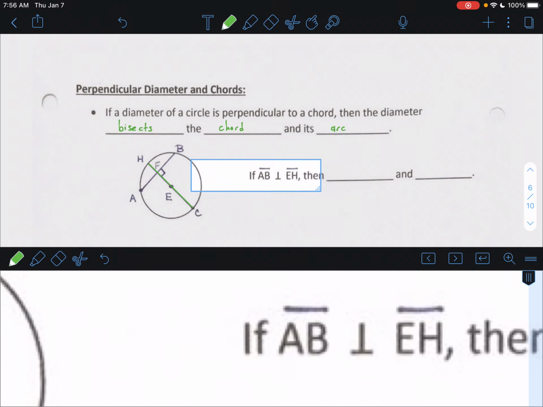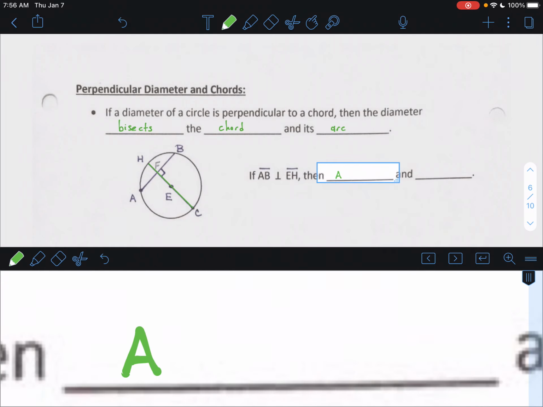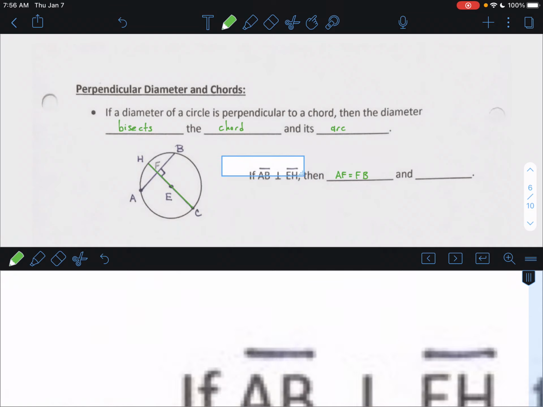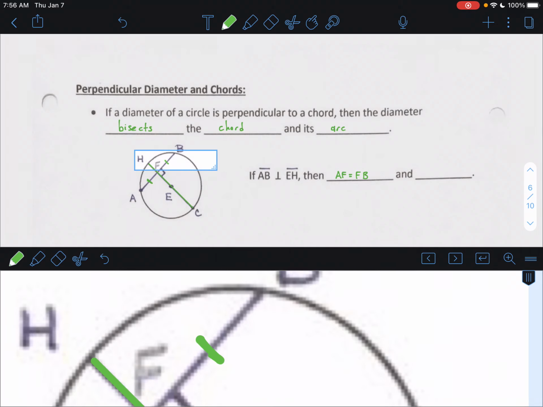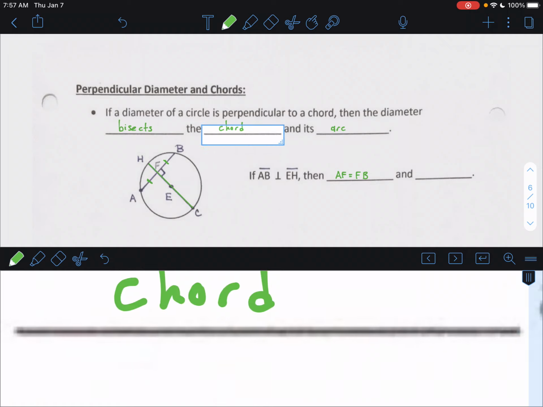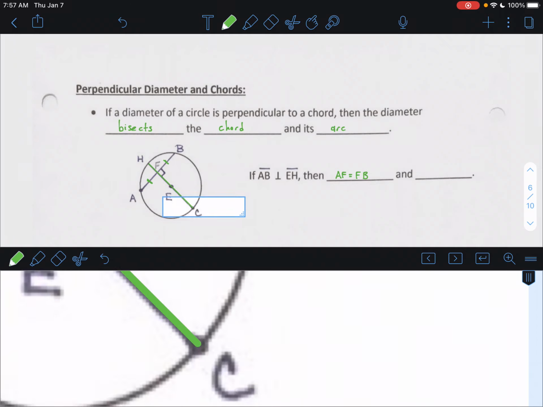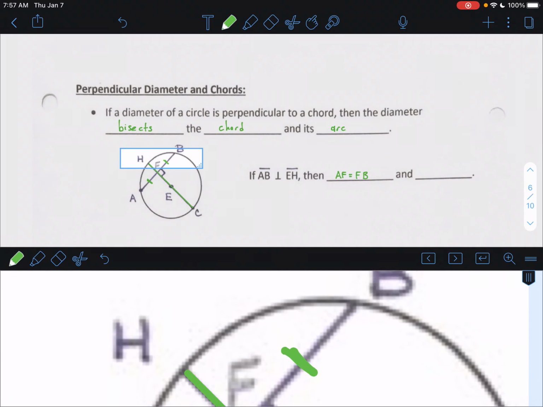So if AB is perpendicular to EH, and we can see that that's true because they have that right angle, then AF is going to equal FB. So there's AF and there's FB, because that diameter is going to bisect the chord. And it also bisected the arc.